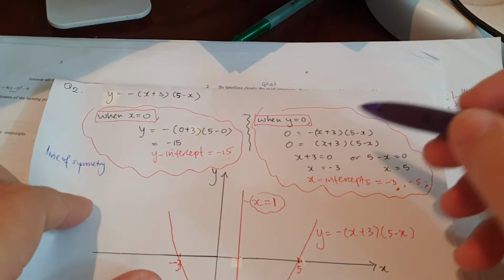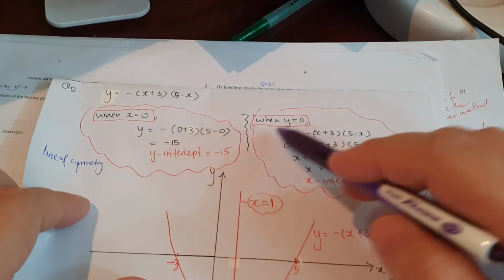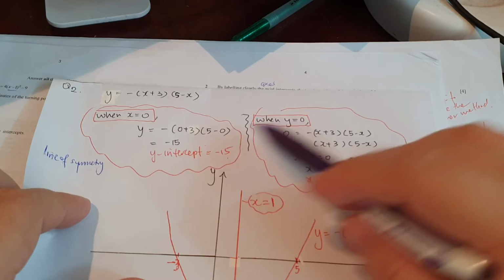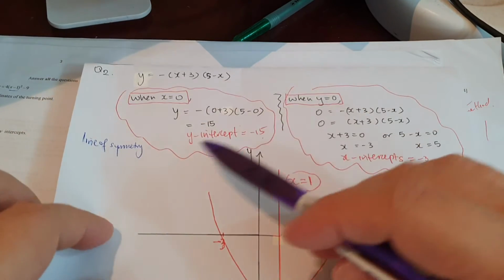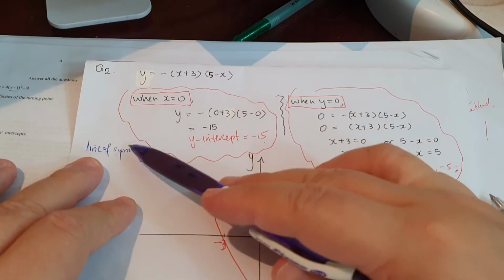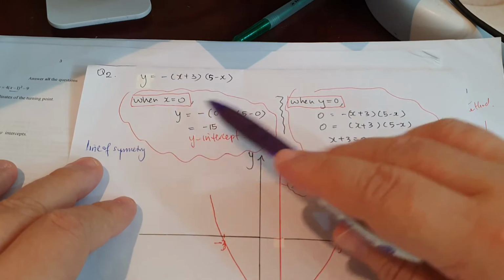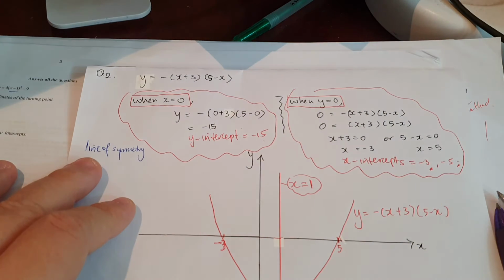Now, most of you have no problem finding the x-intercept and the y-intercept, but you have problems finding the line of symmetry. Now, this question is not the same as our question number 1.